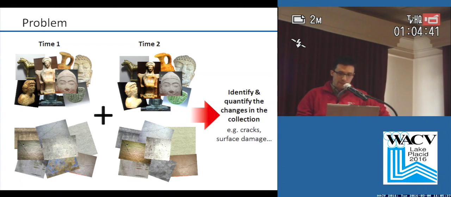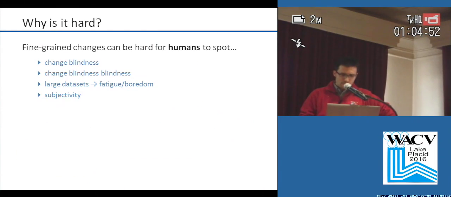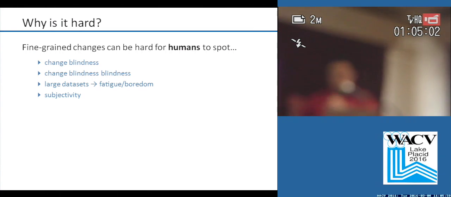And the task is to identify and quantify the changes in these data sets in an automated way, because these are large data sets. So why is this difficult? It's difficult for humans because our vision is governed by an attention mechanism, and I can see that already some people aren't even looking here, so they wouldn't detect changes here.